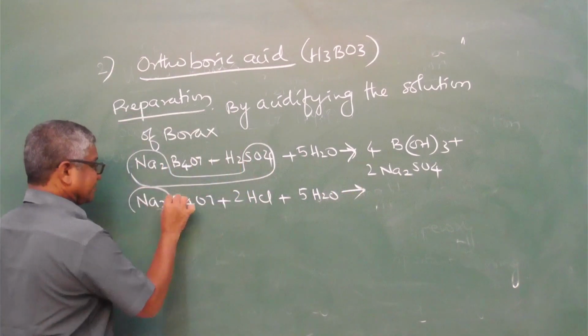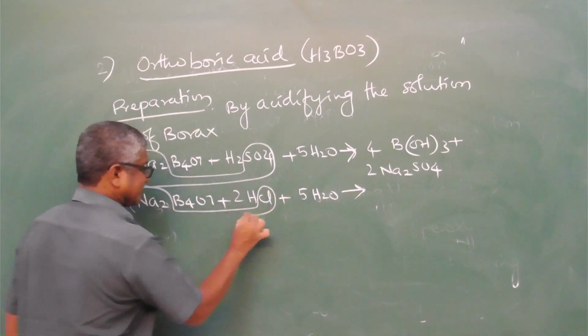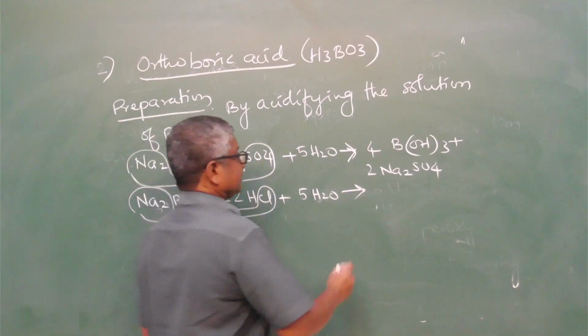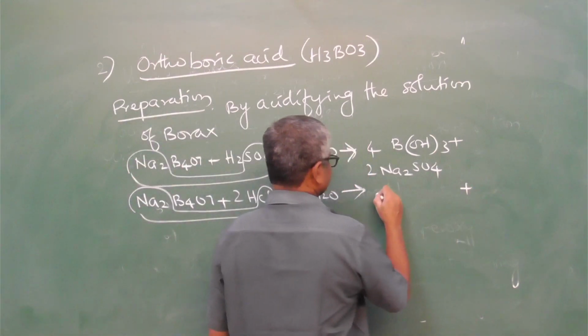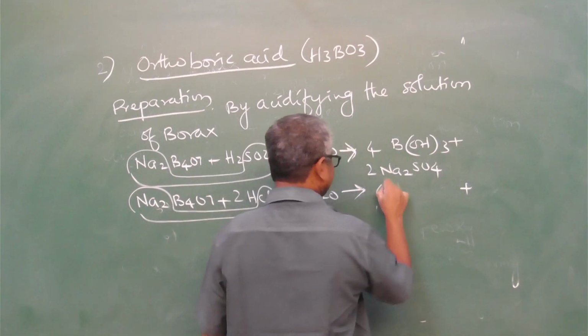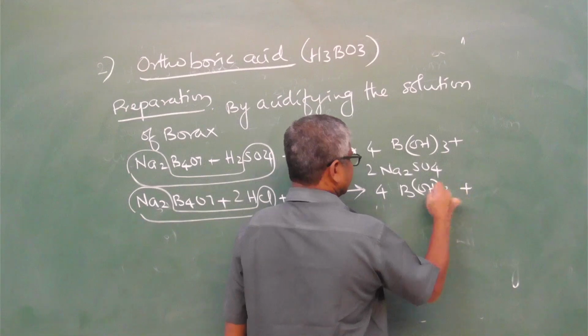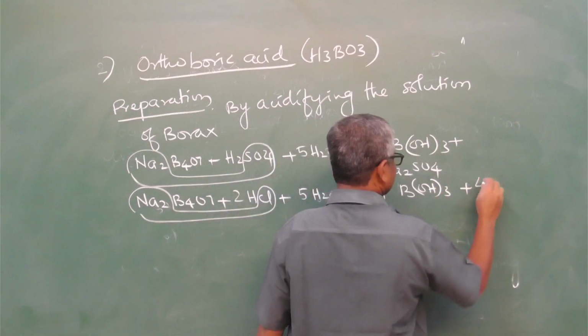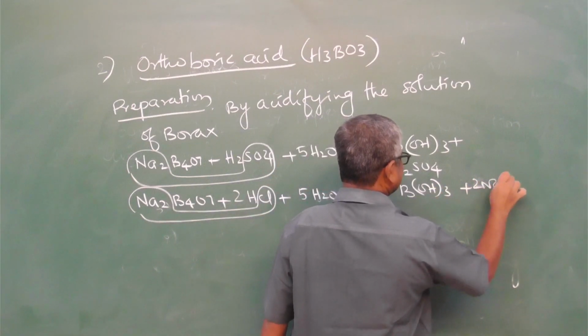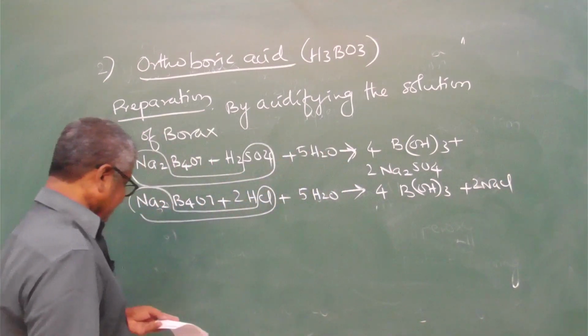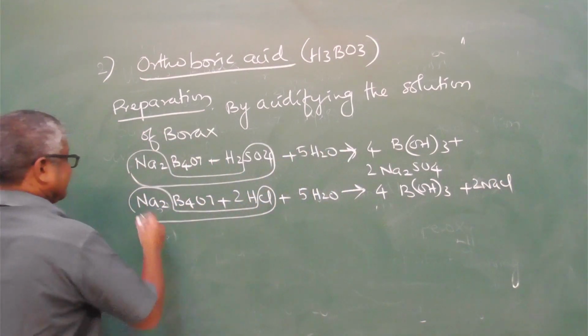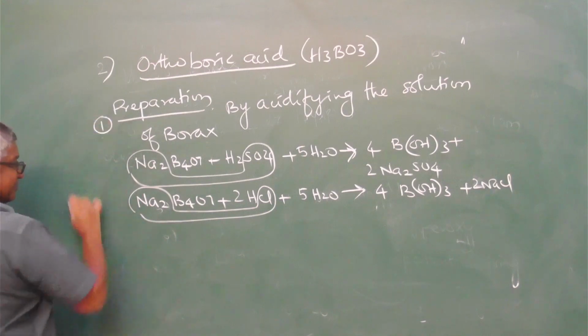The 2 sodium collects the 2 hydrogens and is eliminated, once again with 4 molecules of boric acid with 2 NaCl. This is the first method of preparation.